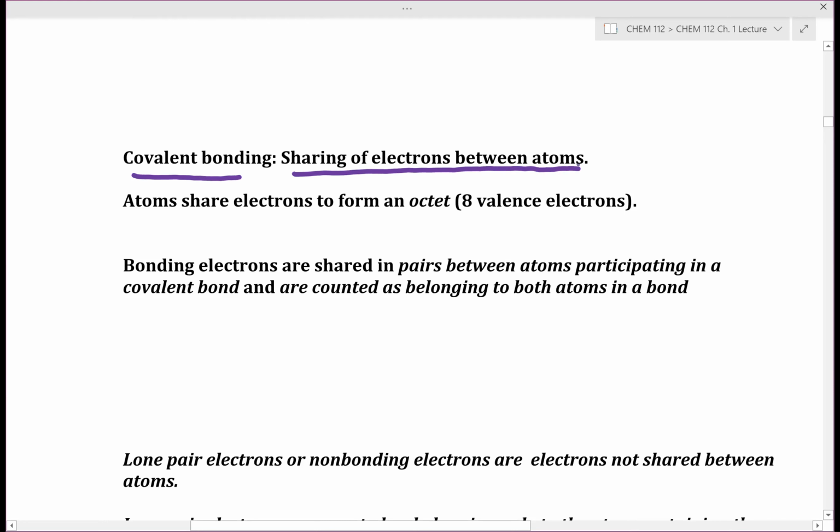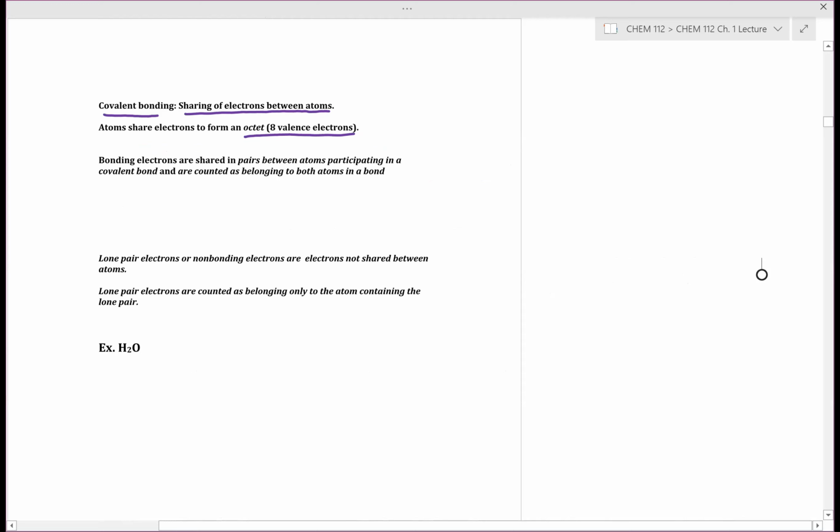Again, the reason why atoms share electrons is to attempt to form an octet and to form bonds. Bonds stabilize electrons. Electrons are more stable in a bond than in a lone atom. So in general, we're going to try to form an octet when we form bonds.